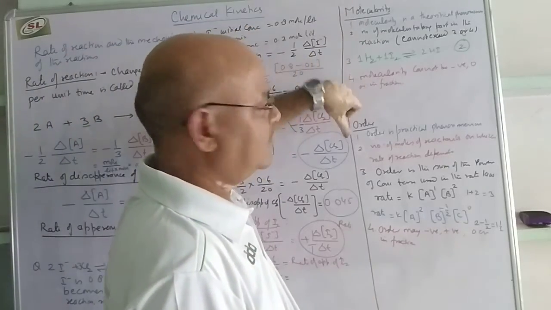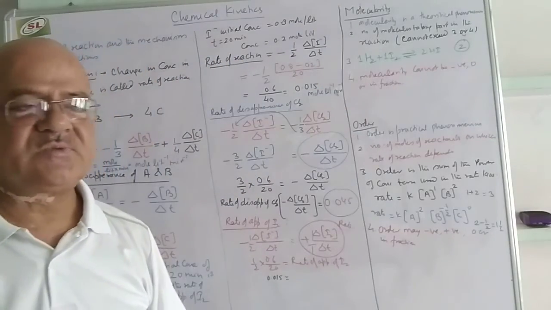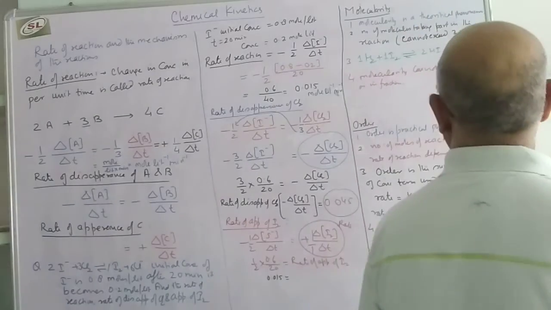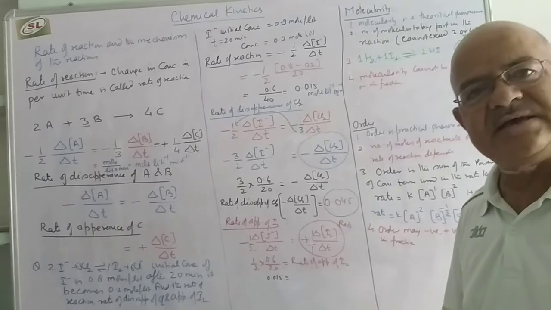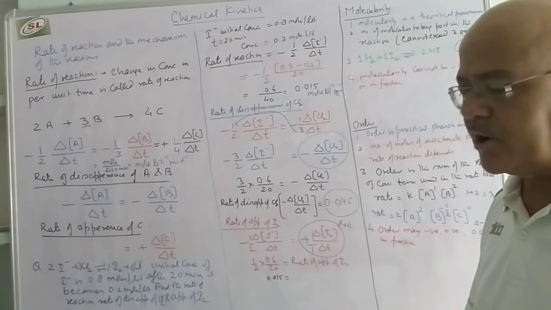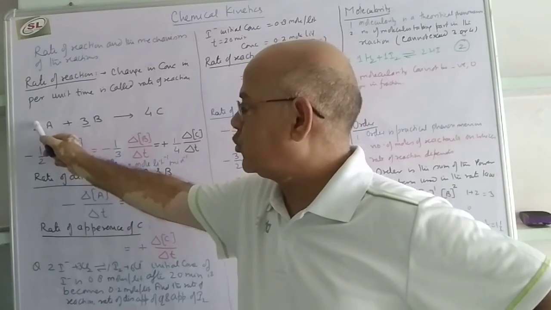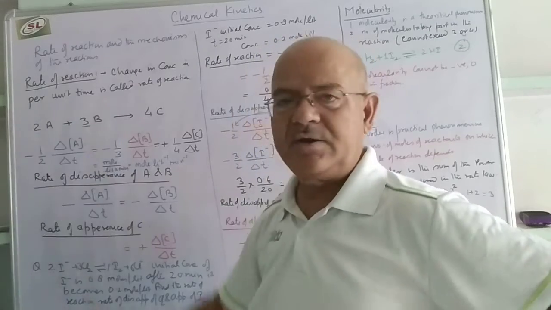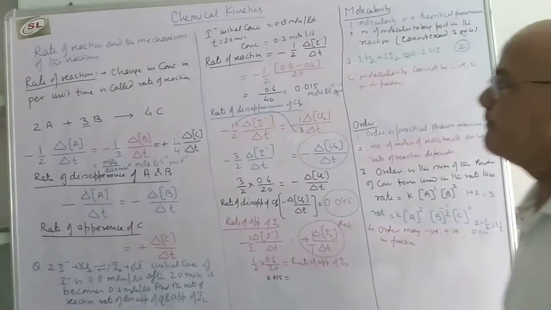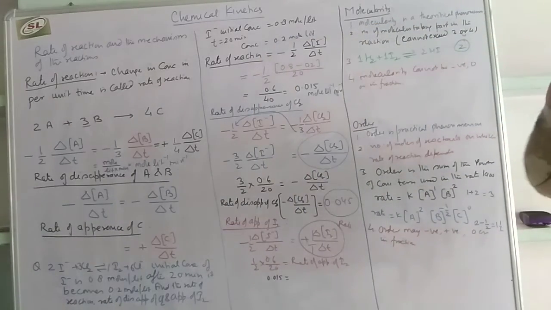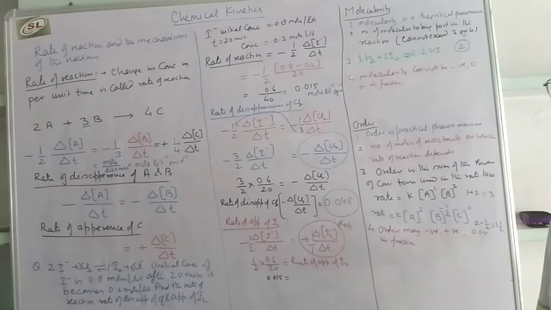In this chapter, we have two terms. These are new terms for you: molecularity and order. We want to differentiate between them. Molecularity is a theoretical phenomenon. That means by seeing a reaction we can determine the molecularity. Suppose in this reaction, molecularity is 5, 2 molecules of A and 3 molecules of B. In this reaction also, molecularity is 5, but we must be careful that molecularity cannot exceed 3 or 4.